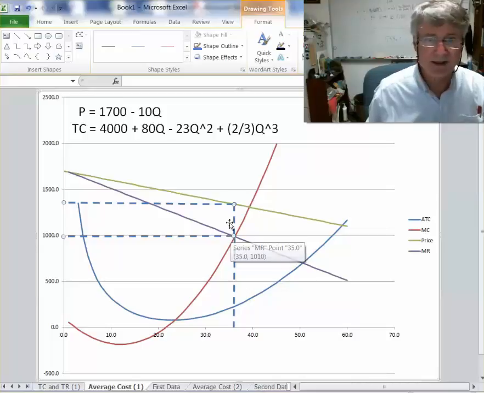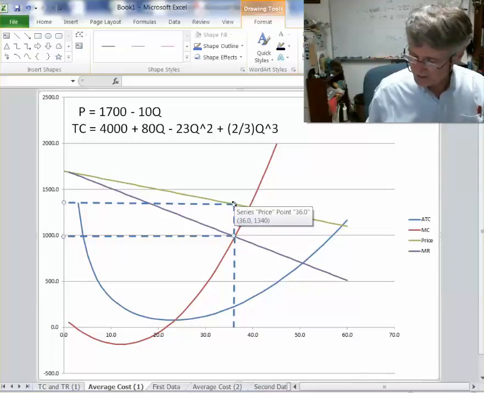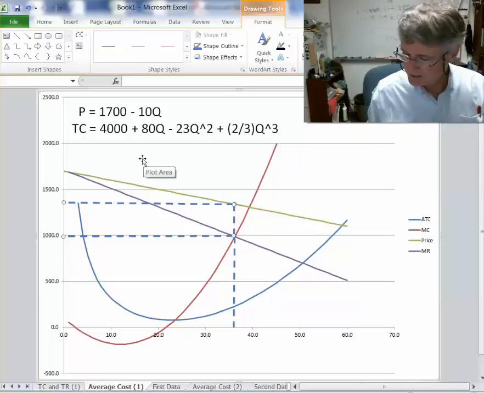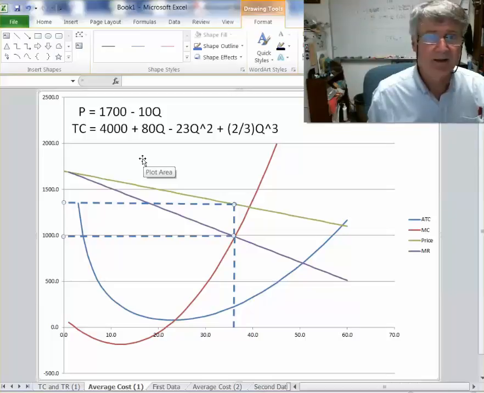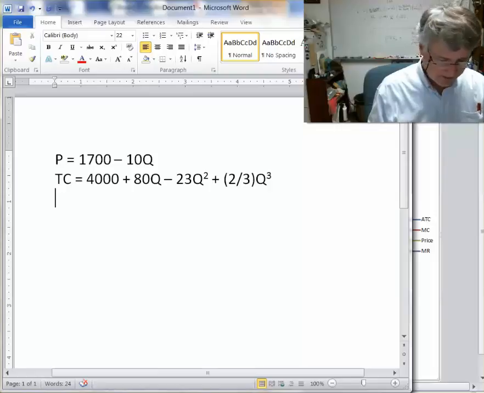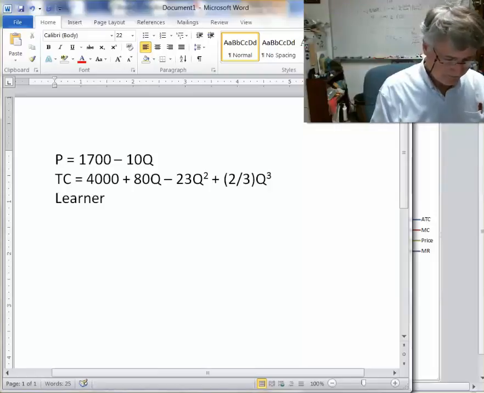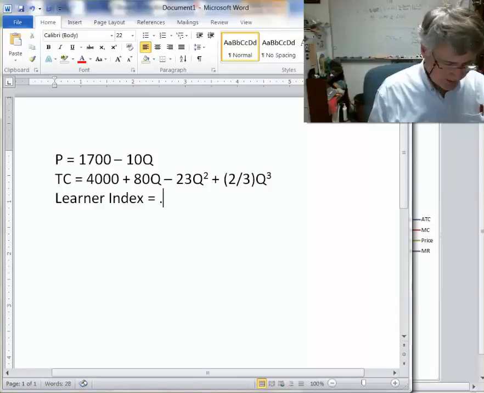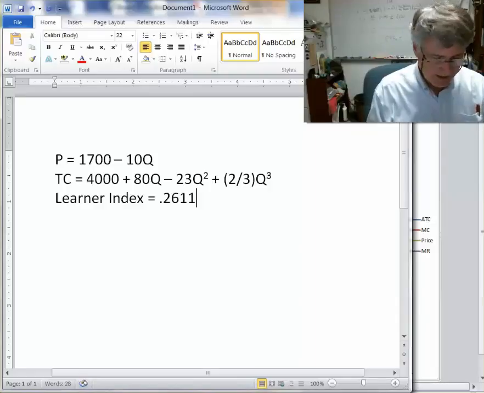So divided by, again, the 1340. And I get a Lerner index of 0.26119. So this is the first one. The Lerner index is 0.26119, something like that.